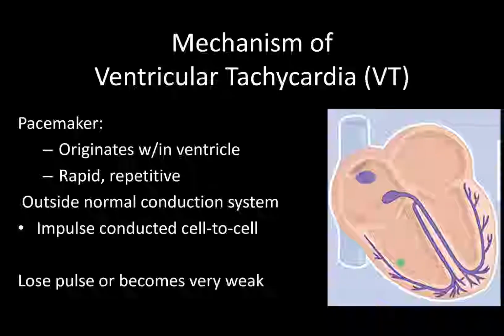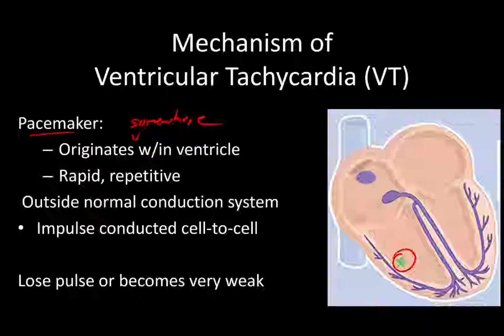Ventricular tachycardia. This is a really big one. It's one that gets everyone really excited, and so let's talk about what it is. Honestly, it's just a whole bunch of PVCs really quick in a row. The idea is this. The pacemaker comes from somewhere within the ventricle. And it doesn't matter where.